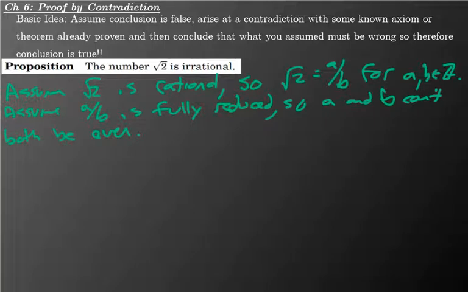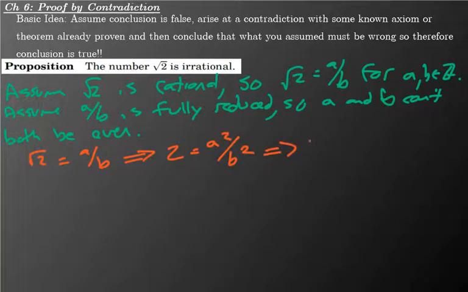Now I'm just going to do a little bit of math. If root 2 equals a over b, this would imply that 2 equals a squared over b squared, which would imply that 2b squared equals a squared.